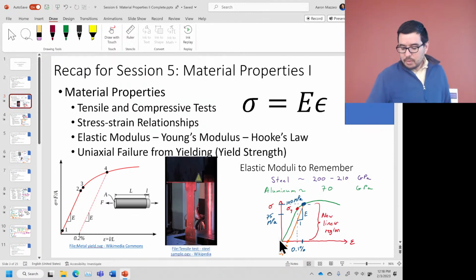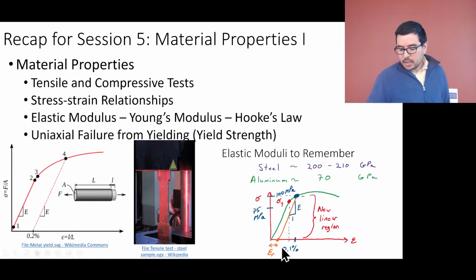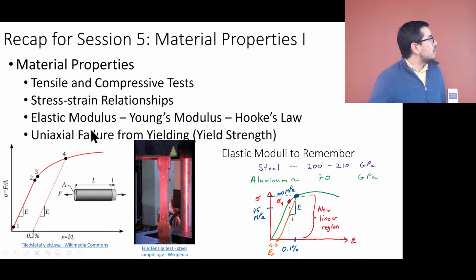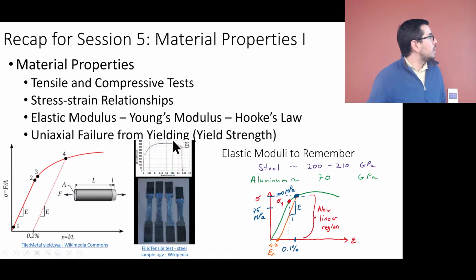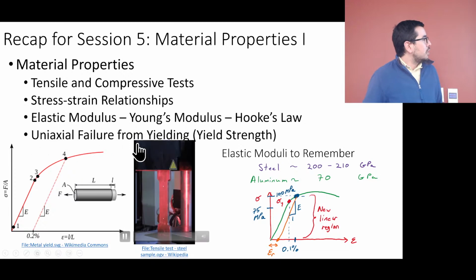So the last time we met, we discussed tensile and compressive tests. We discussed stress-strain relationships, the elastic modulus, which is the Young's modulus, which is related to Hooke's law, and we also discussed yielding.